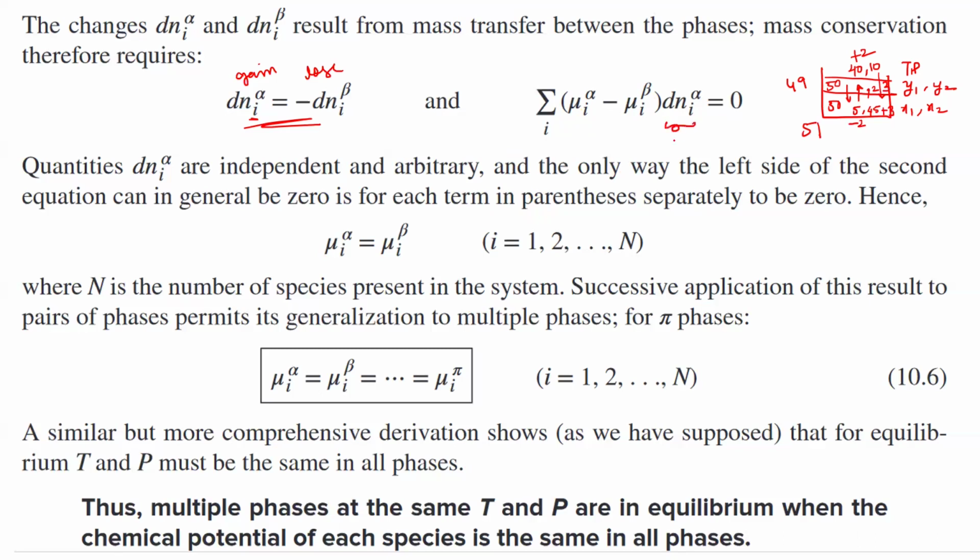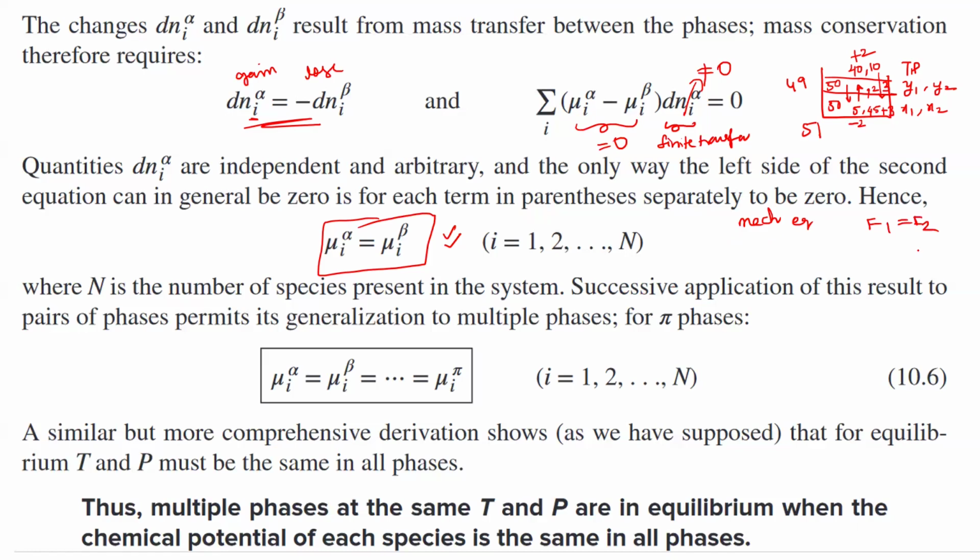Assuming that there exists some finite transfer, dN_i alpha is not equal to 0. So that's why the other term should be equal to 0. So at equilibrium, mu_i alpha is equal to mu_i beta. Generally for mechanical equilibrium, you say force 1 is equal to force 2, not pressures.